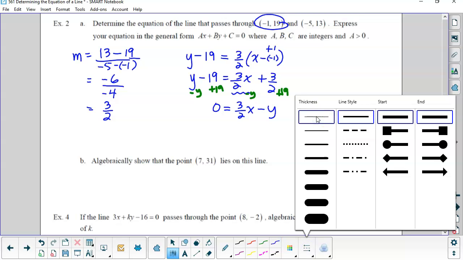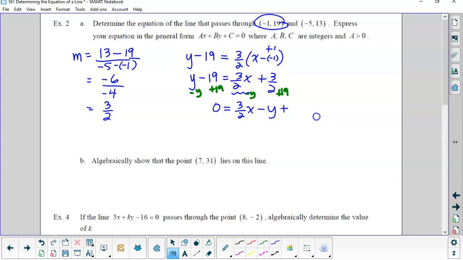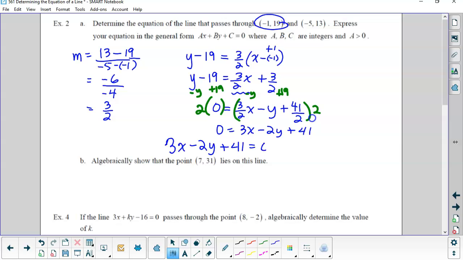So plus 3, 38 plus 3 is 41 over 2. Then I'm going to multiply through by the lowest common denominator, and there's nothing I can divide out. Normally we like to show all of that on the left, so I'm just going to rewrite it with the 0 on the right. And then algebraically show that the point (7, 31) lies on this line.